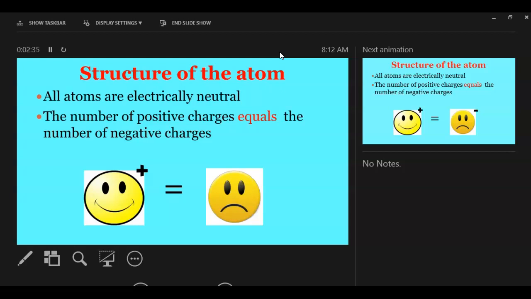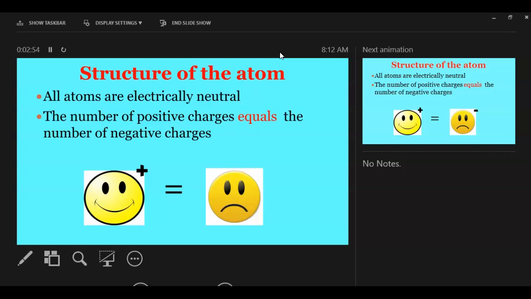Electrons are so teeny tiny and small, they say their mass is negligible. Like the mass of the electrons in the electron cloud don't even count towards the mass of the entire atom. Okay? So they're very small.